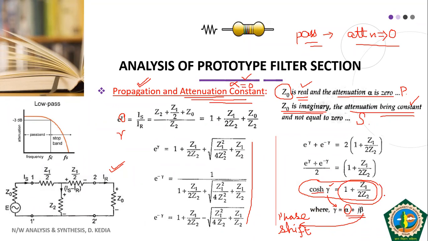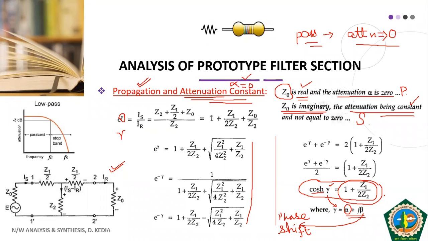Now the value of Z1 and Z2 will be different if your filter is low pass filter, high pass filter, band pass filter, or band stop filter. Whatever filter you take, if you take low pass filter, you substitute the value of Z1, Z2 corresponding to that. If you consider high pass filter, you substitute the value of Z1, Z2. So the job is highly simplified.